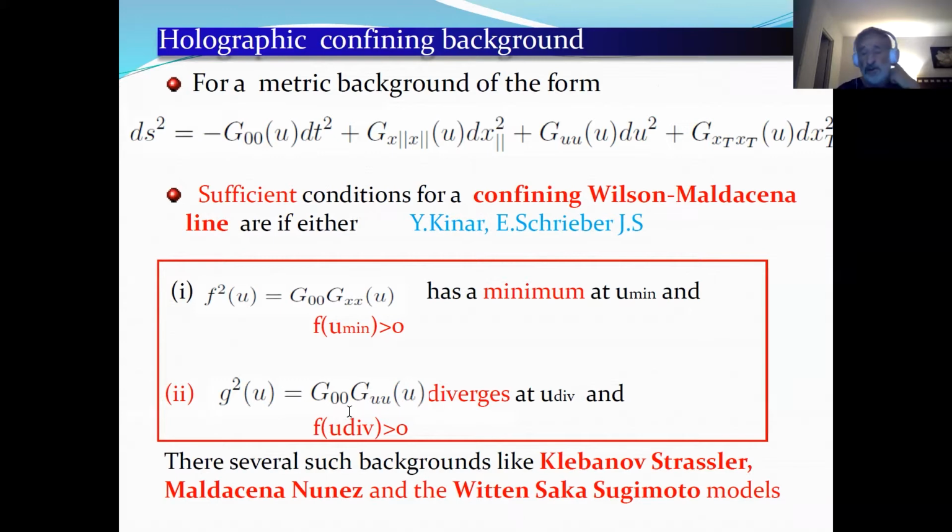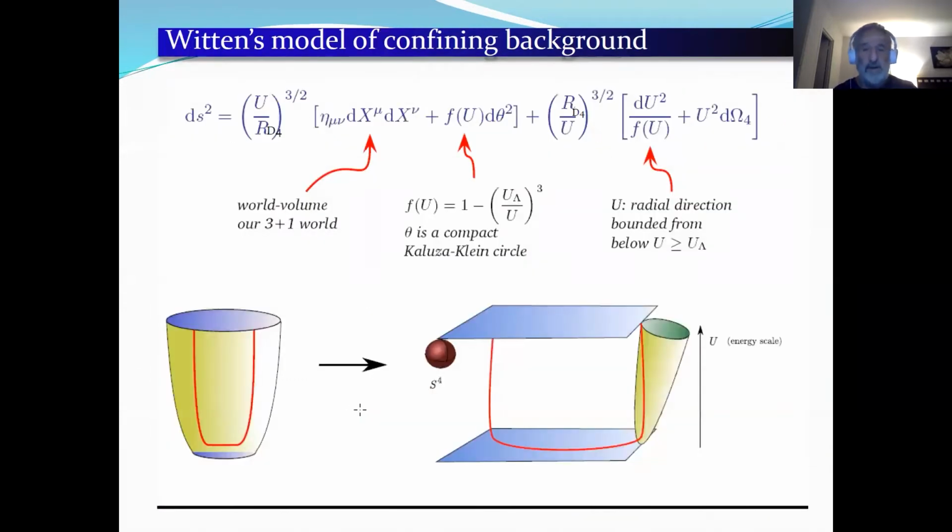Okay, so let me show you, just as a prototype, what Witten's model is. We have flat 4 dimensions, and then in addition, we have one space dimension. It's a background of compact D4 branes, so there is an additional space direction which is compact. The manifold of this compact circle and the holographic direction forms a cigar-like shape.